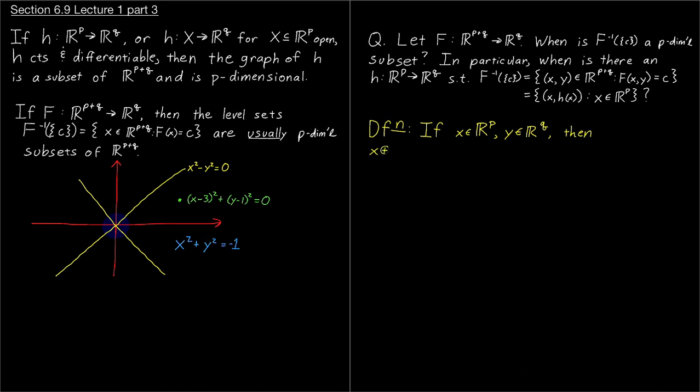Your book likes to write this as x direct sum y. If you're already familiar with direct sums, if this is a notation you know and love, you're welcome to use it. If you are not already familiar with direct sums, I think it's a little cleaner to just write this as an ordered pair x, y. It's not quite an ordered pair, but it's a mild abuse of notation, and I think it makes things a little clearer.